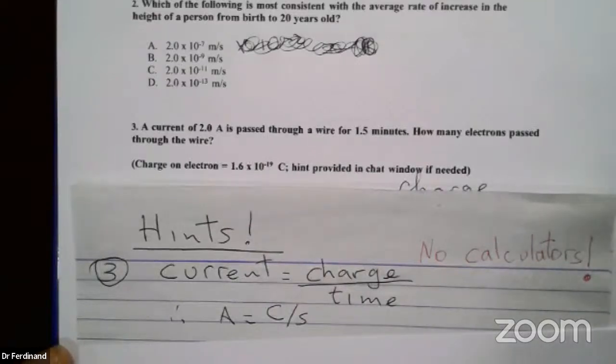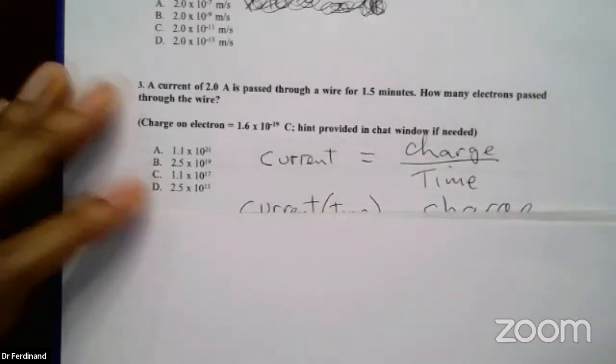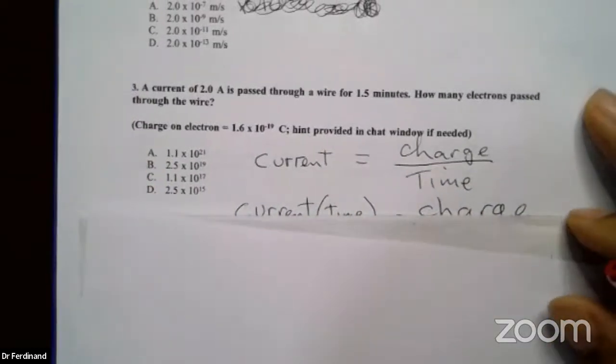There's a charge that is moving over time, and so that is the idea. The current is charge over time. And then in units, as part of our dimensional analysis, the current is in amperes, the charge is in coulombs, and the time is in seconds. So now let's use that information step by step.